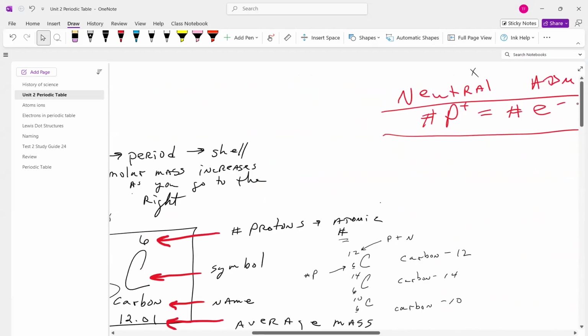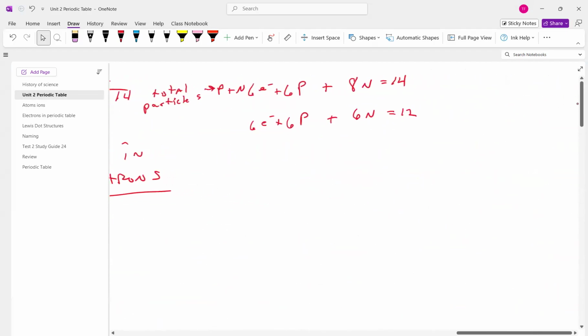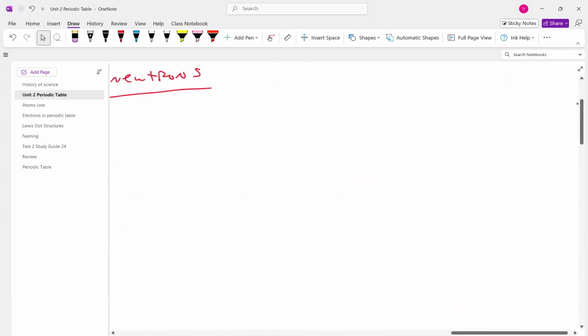There's one more thing I want to talk about before we get into this worksheet. Whenever we write an element, like carbon 12, we write the symbol.